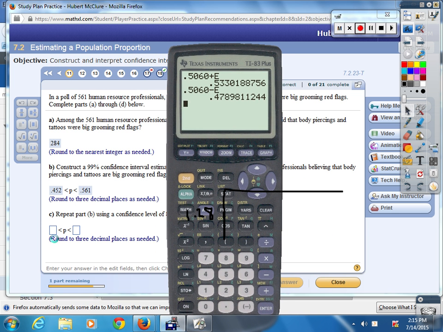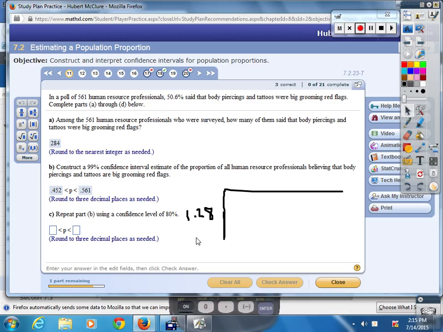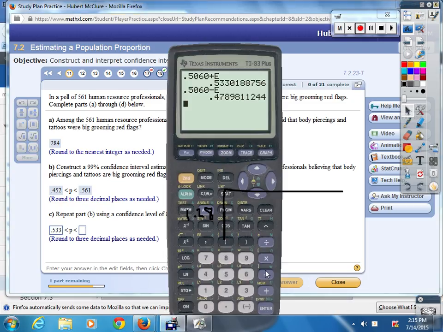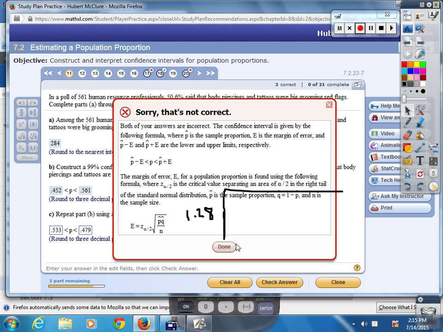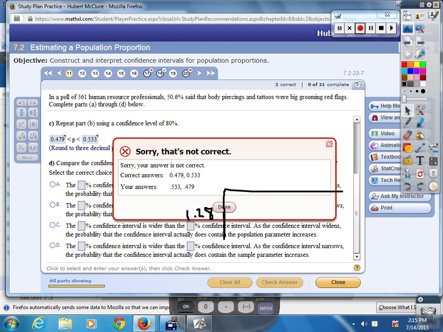So .533 and .479. I must have done something wrong. Did I not get the same thing? You had it backwards.